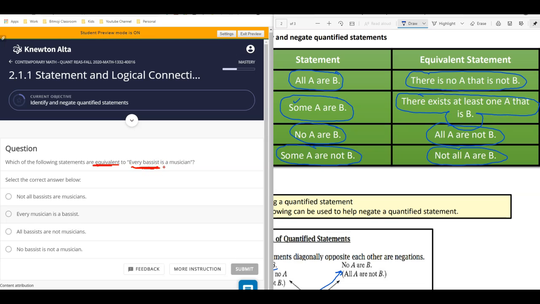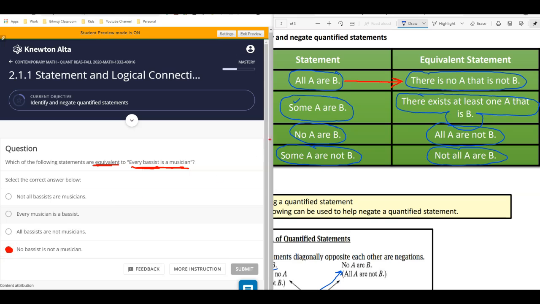So it says every, so I'm thinking all bassists are musicians. What's the equivalent for that? There are no bassists that are not musicians. So no bassists, not musicians.